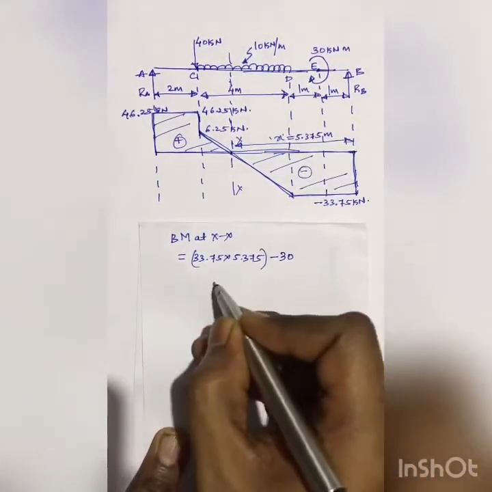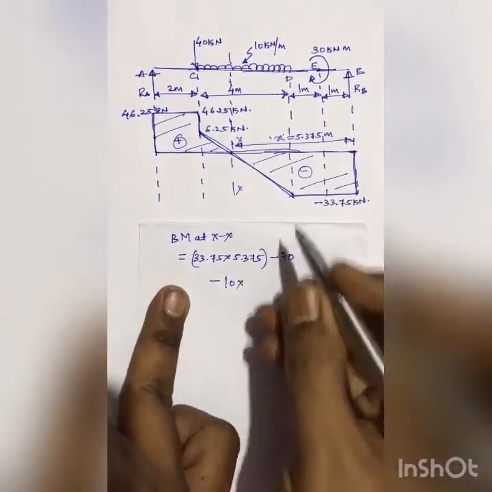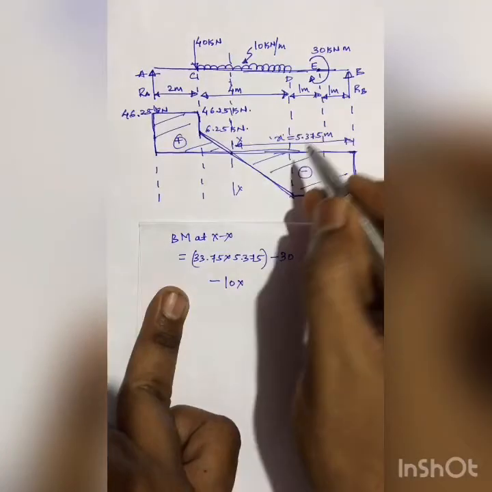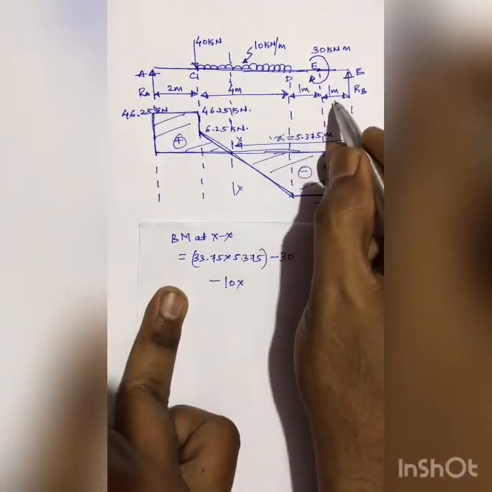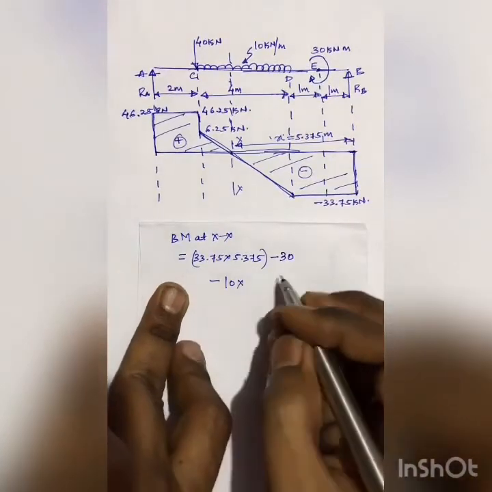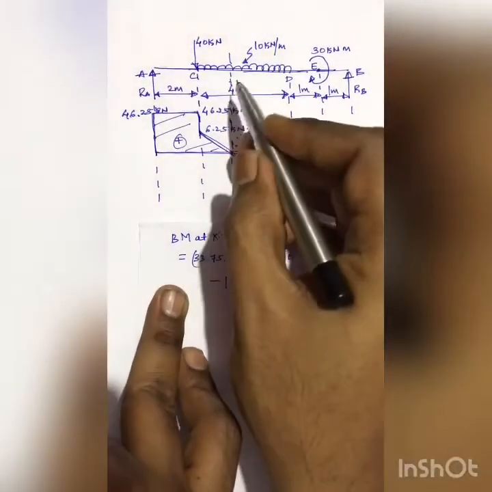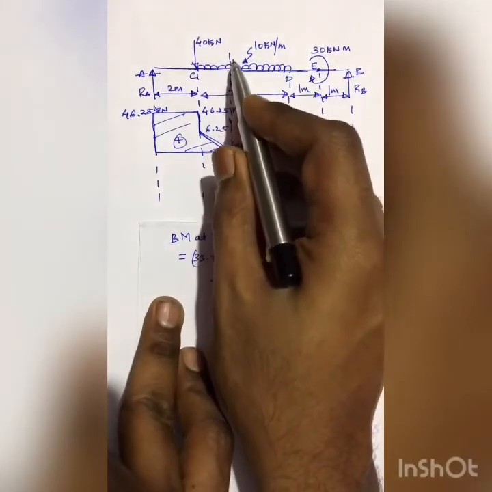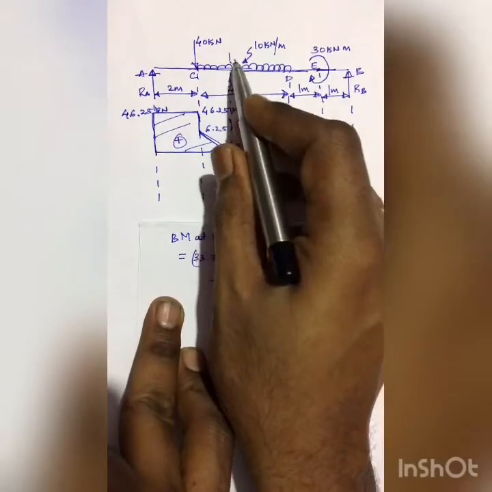So I'll write here minus 10 into this length, 5.375 minus 2, that is 3.375, into the distance between the midpoint of this and XX.